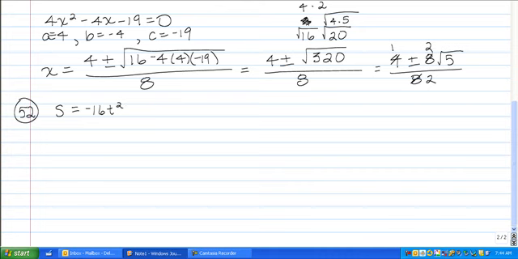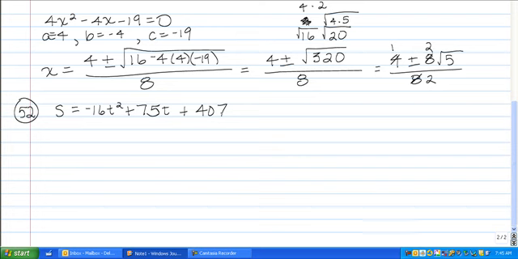Okay, plus 75t, get the right one here. Plus 75t plus 407.